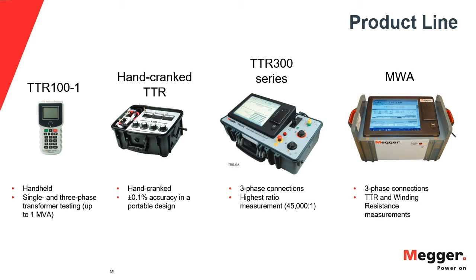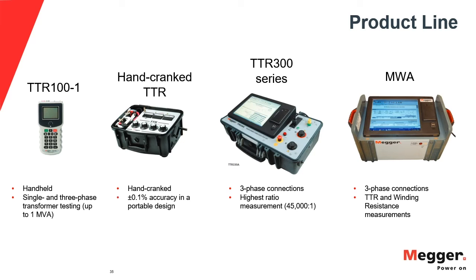So then we go to the TTR 300 series. That unit will allow me to connect to three phases of my three-phase transformer simultaneously. It will do the measurement phase by phase. It will allow me to test higher ratio transformers up to 41,000 to 1.